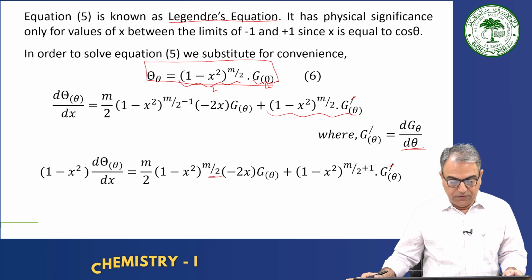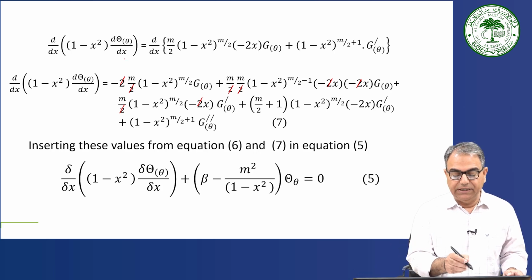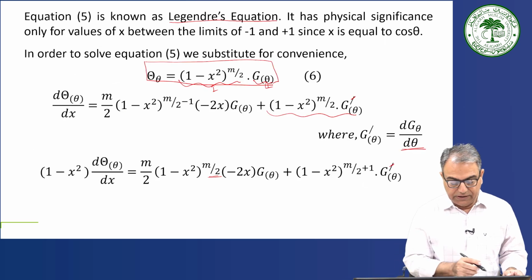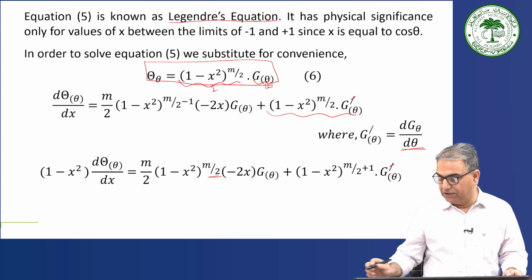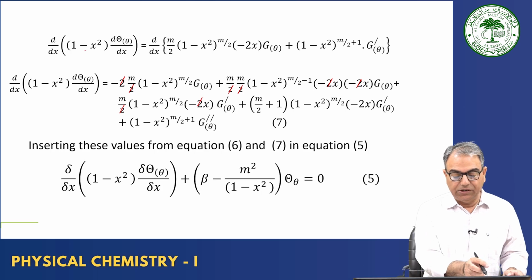Now write this equation: d dx of 1 minus x square d theta theta by dx. So what you are doing? You are finding the differential of this equation, d by dx of the left hand side and d by dx of the right hand side.